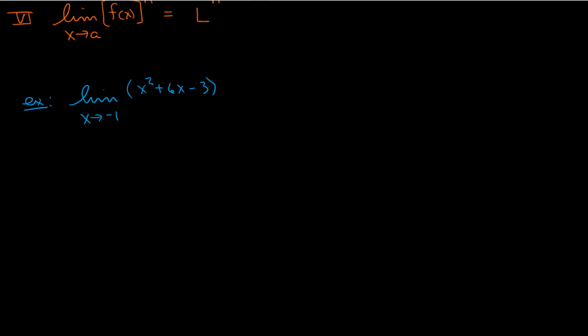It's a quadratic, so it's a parabola, it's a continuous function. Okay, it's a polynomial. So all I have to do is plug the stuff in. Okay, so I'll take this -1, square it, plus 6 times the -1 minus 3, which will give us 1 minus 6 minus 3, which looks like it's a -8.